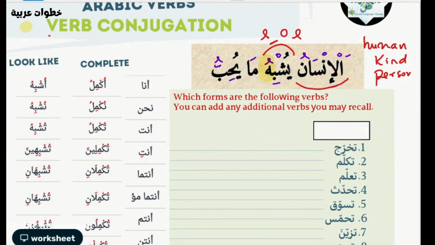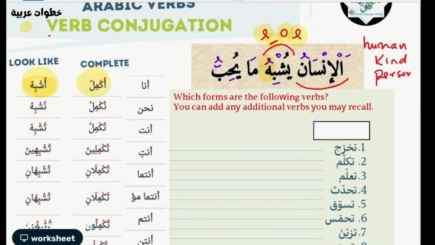This one is not his, it's part of the verb, it's part of the root of the verb, it's part of the base form. So the verb conjugation, if I say I look like, أنا أشبه, أنا أشبه. See how I keep the exact same code? And it rhymes with I complete. أنا أكمل, أنا أكمل.